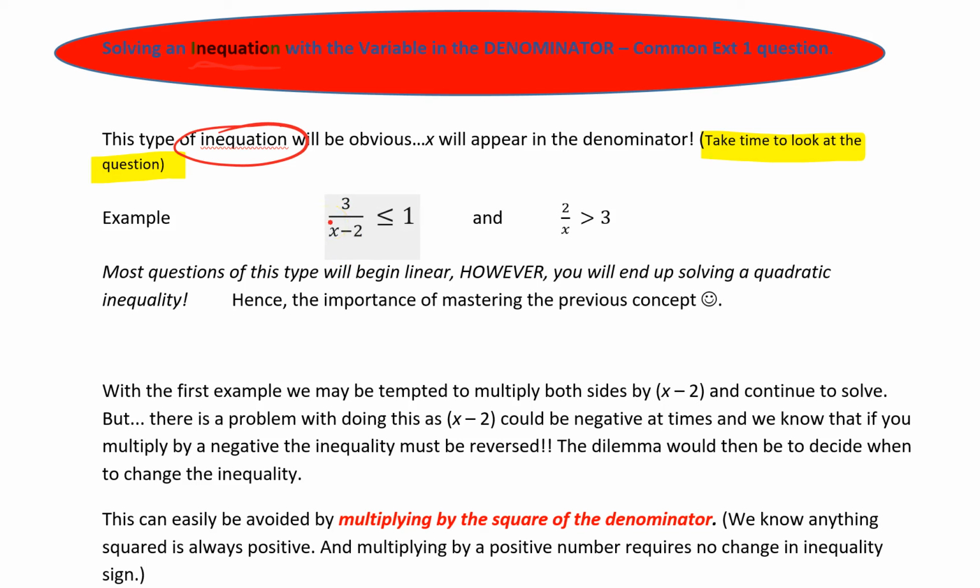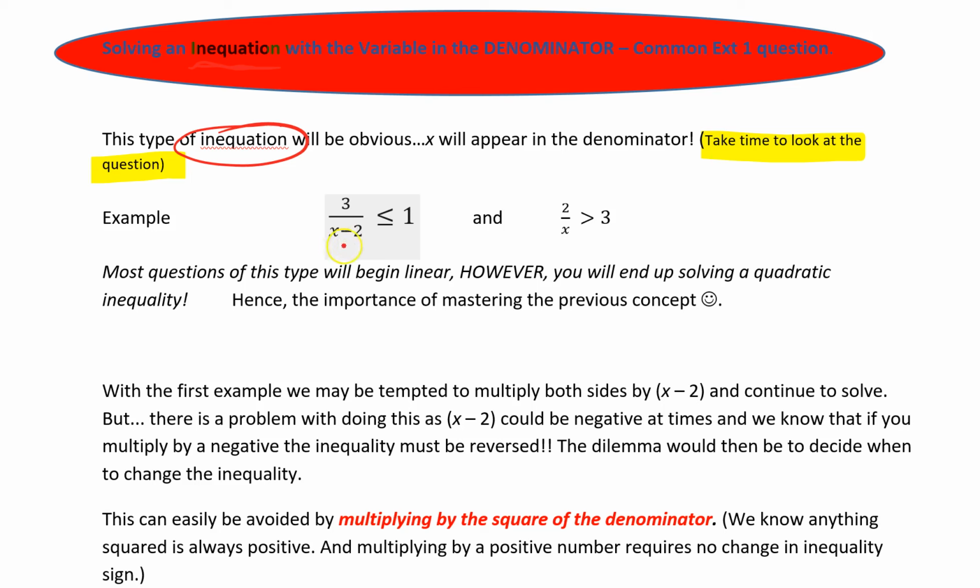We've always got the question about should I change the inequality sign? Now, in previous questions, you've known when you've been multiplying by a negative or dividing by a negative, because you only multiplied or divided by a number.